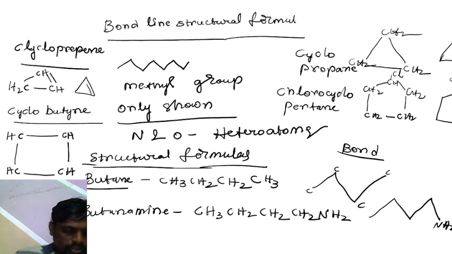This is the structure of cyclobutane. Whereas if you take the bond line diagram for cyclobutane, it will generally look like this, with the bonding.